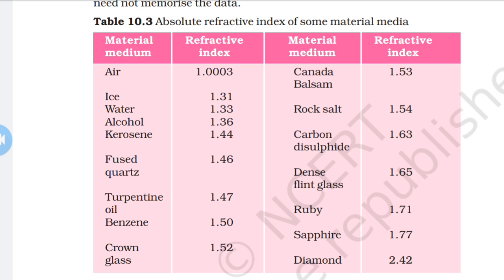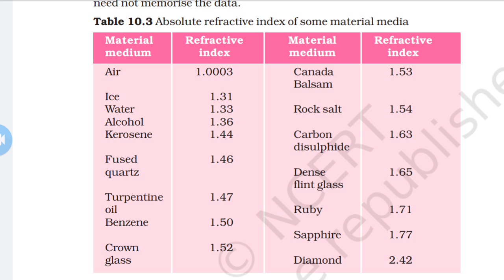From this table, we observe that an optically denser medium may not possess greater mass density. For example, kerosene, having high refractive index, is optically denser than water, although its mass density is less than that of water.